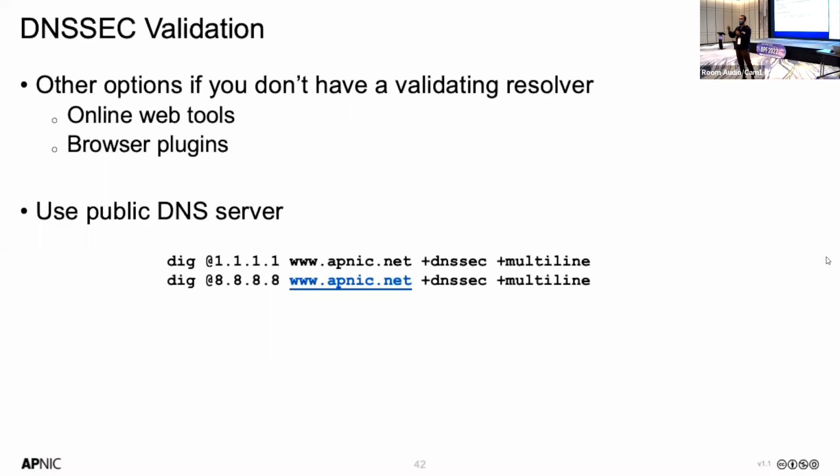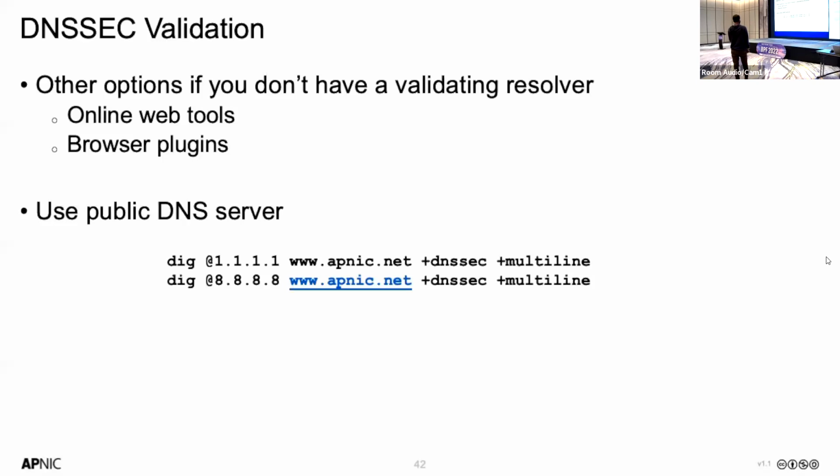There are plugins for your Firefox browser or Google Chrome. You'll see that it can show you some mark on the browser, some kind of indication, whether the domain is actually validated using DNSSEC. I can show you later, we have one added in my browser as well.